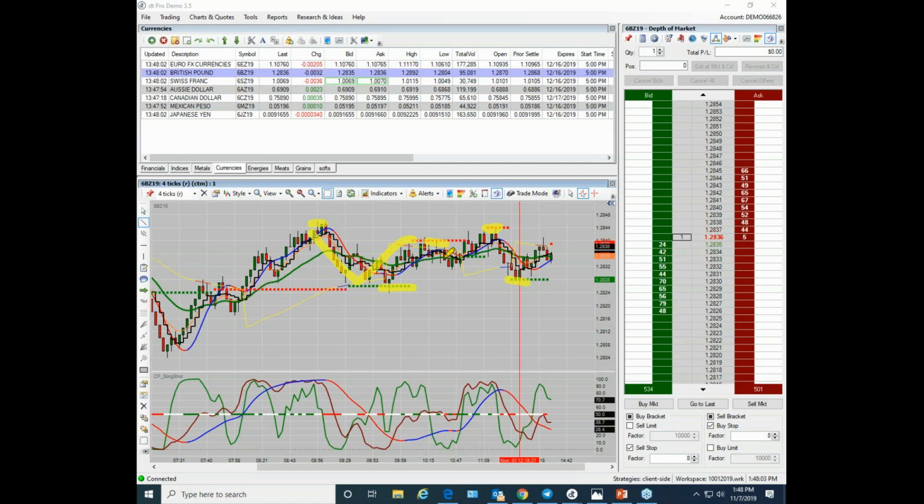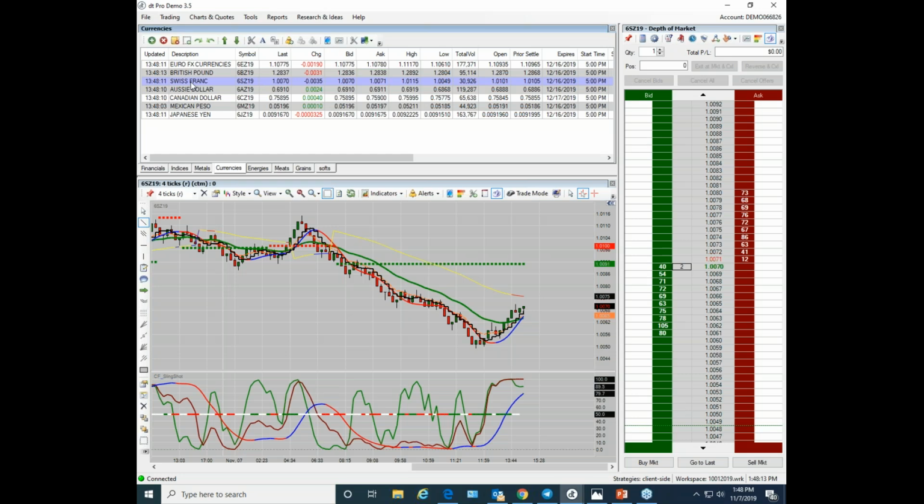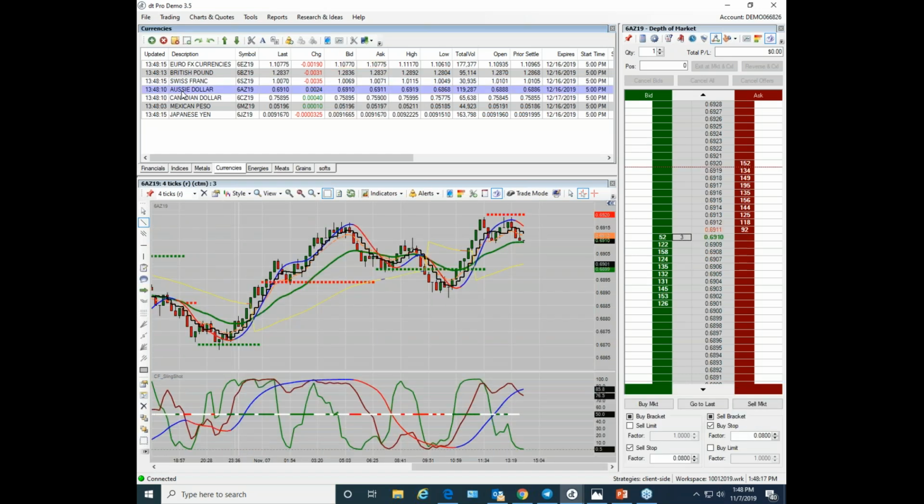Dynamic support and resistance are right in the middle. Sideways. Again, here's another example of that. We want the market to make a new pivot high. That's what we're looking for.